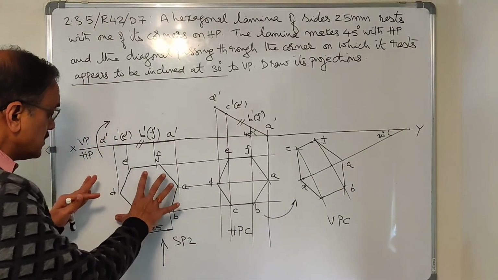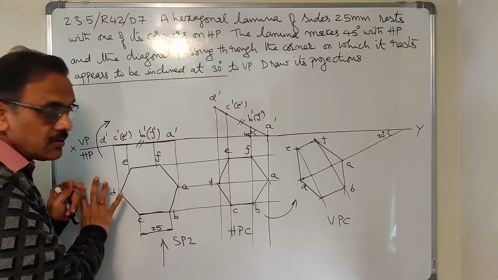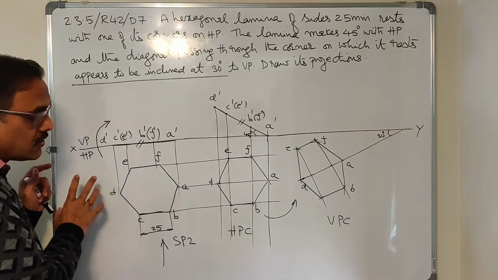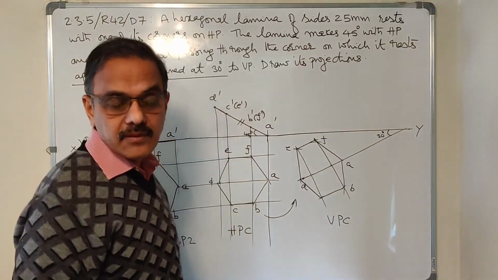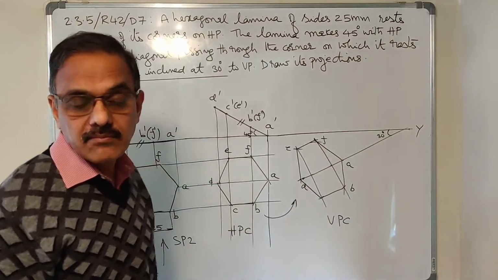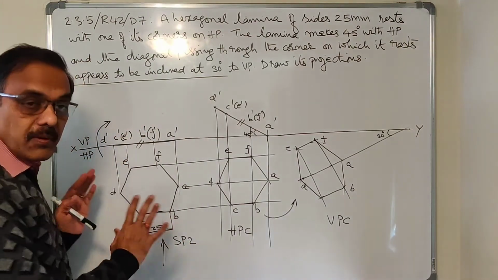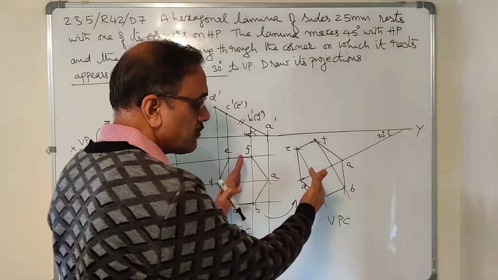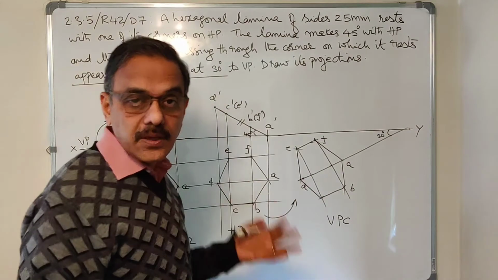So basically, when you are planning your space, don't waste the space. When you are starting this, start from the extreme left on your page. You are keeping it landscape. Make sure that you don't waste any space here, because it is the third step that occupies the maximum space. You should leave maximum space for the third step, even in the exam. If you have not planned your space properly, you have started it somewhere here, you have done the second step here, then by the time you go to the third step, you realize that there is not enough space.